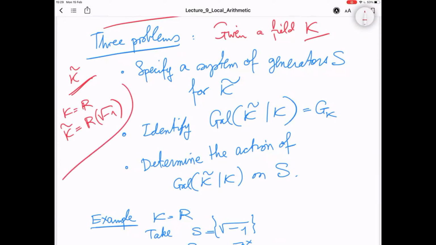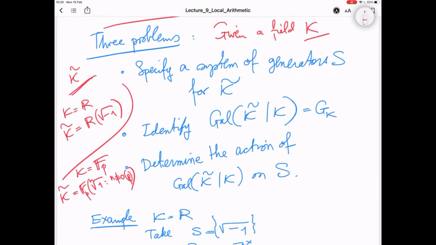But for other extensions, for K equal to Fp also, this K tilde is obtained from Fp by adjoining an nth root of 1 for every n which is prime to p. So in these two cases, one can give an explicit description.